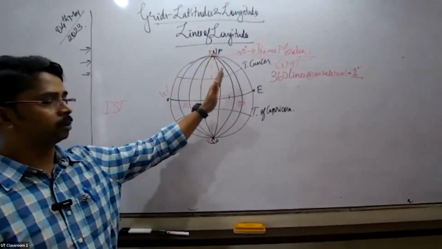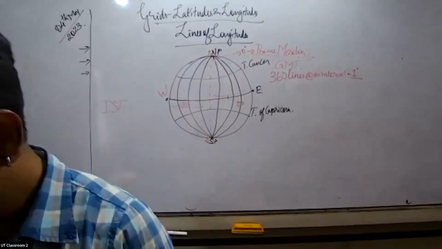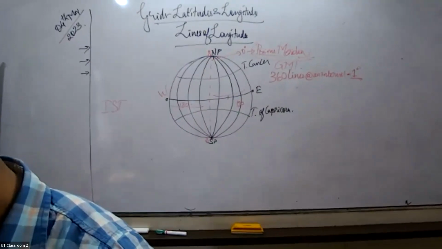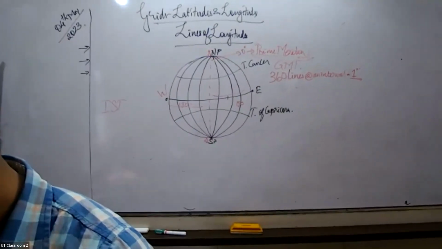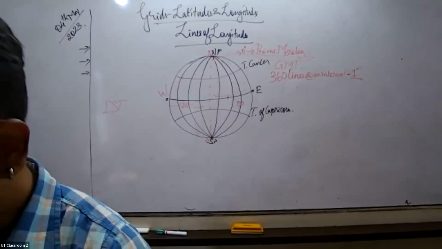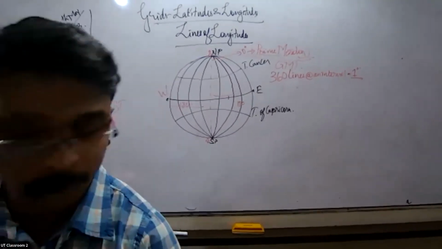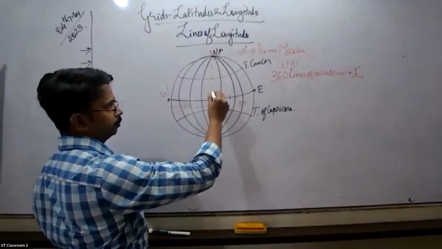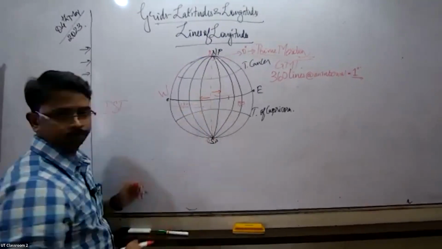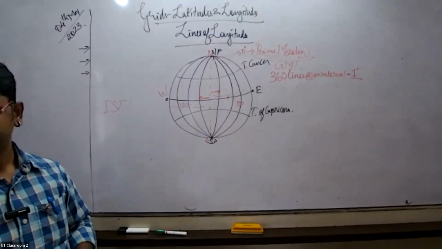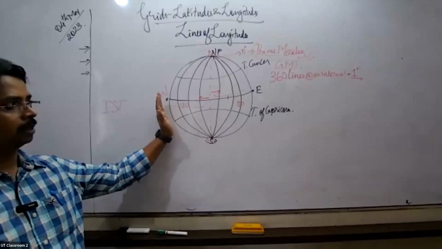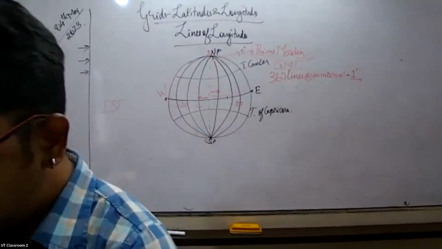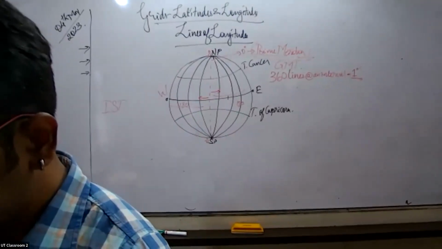Did I say latitude or longitude? It's correct, the distance between two lines of longitude. If this is the prime meridian, this and this distance here, as we are going closer, the distance will become lesser.